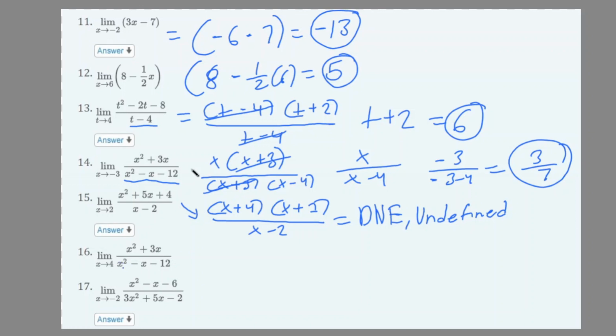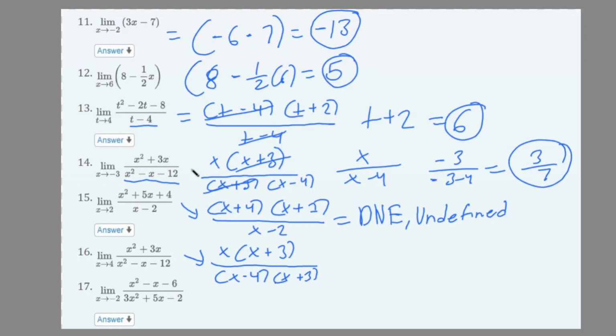Alright, for number 16 we have the limit as x goes to 4. Now if you plug in 4, this would also give you an undefined answer. So same thing here, we have to start factoring everything. On the top is x times x minus 3, and on the bottom we can do x, minus 4 and plus 3.